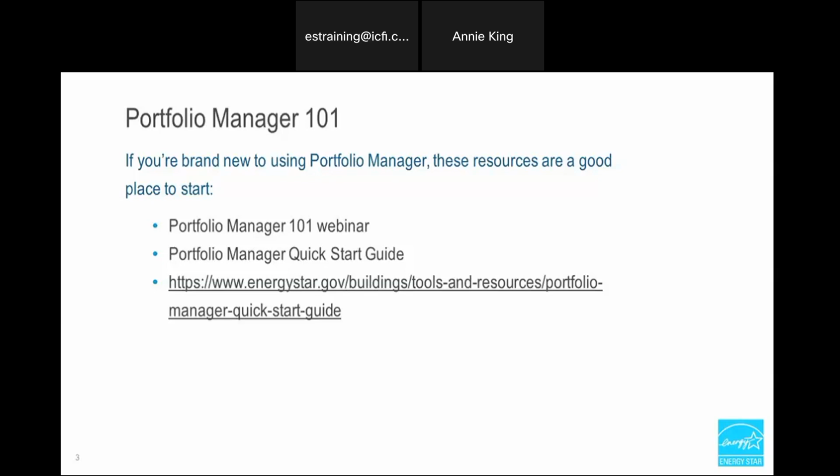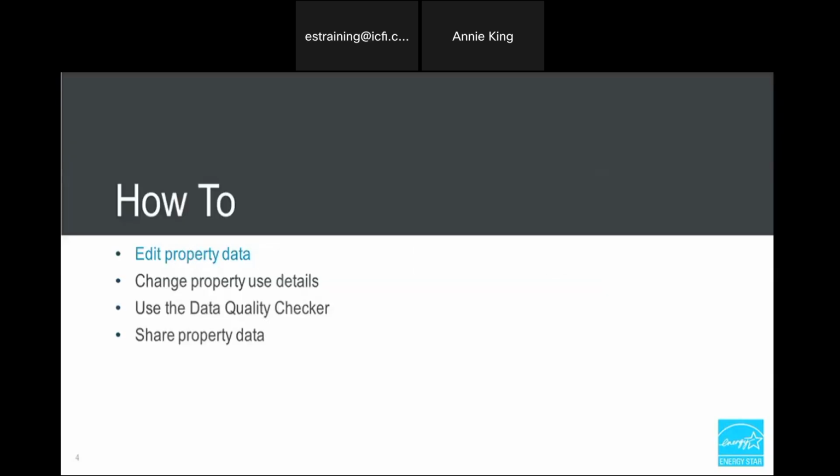And there's a link here in this slide, which you'll be getting after the webinar. It'll be sent out to the email you registered at. And you can go back and watch those, but stay on. Never hurts to kind of see where you're going, what other steps and functionalities are in Portfolio Manager if you haven't gone through the initial steps of creating your property.